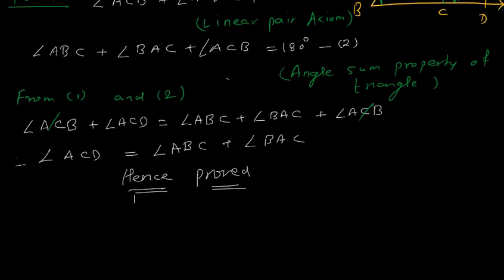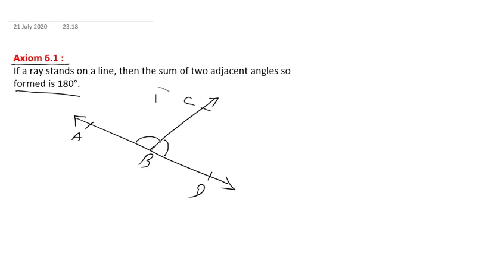So let us have a quick revision. We have the first axiom: if a ray stands on a line, then the sum of two adjacent angles so formed is 180 degrees. This is axiom 1.